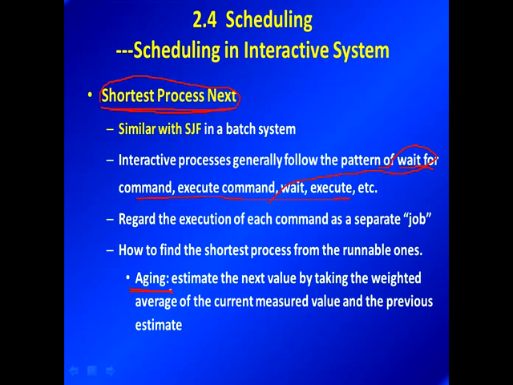But this is not our focus, so we just jump over these parts. You just need to know there is an algorithm called shortest process next, and it just chooses the shortest mini job or the shortest process for the next command.